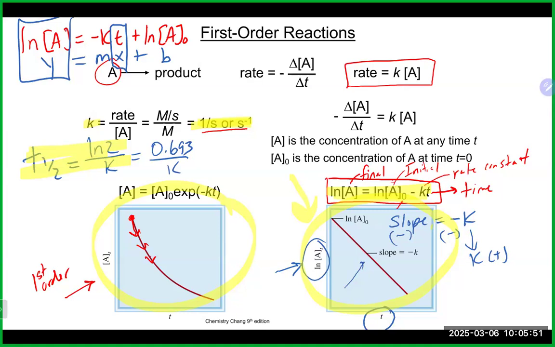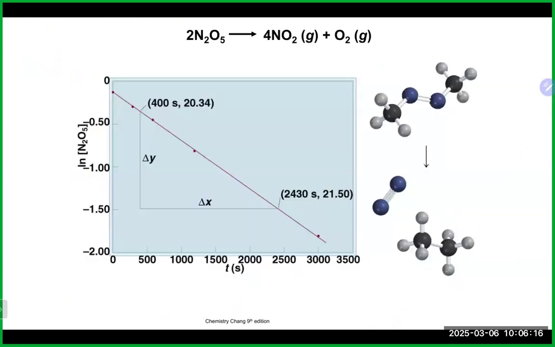You could do it in anything as long as A and A naught are in the same units. It will work out correctly. But I would say in this particular chapter we're currently in, probably molarity is most often what you're going to be using when you pop it in there. We also see with the half-life equation there, it is not dependent on the initial concentration of the substance. It is really just dependent on the rate constant.